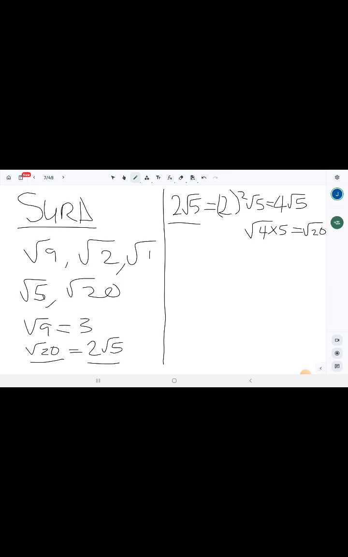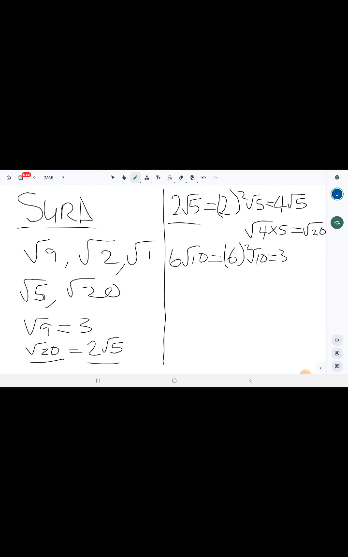What if we are given 6 root 10? Same thing you would do here. You say 6 raised to power 2, the root of 10, equals 6 times 6 is 36.